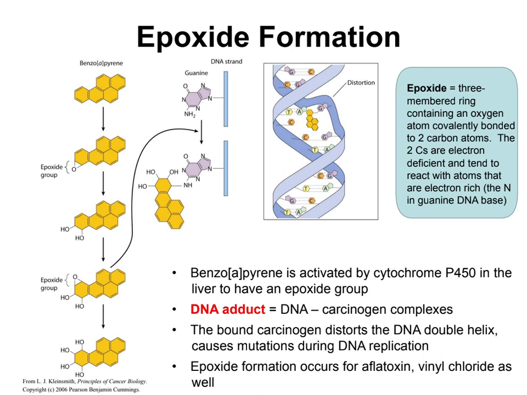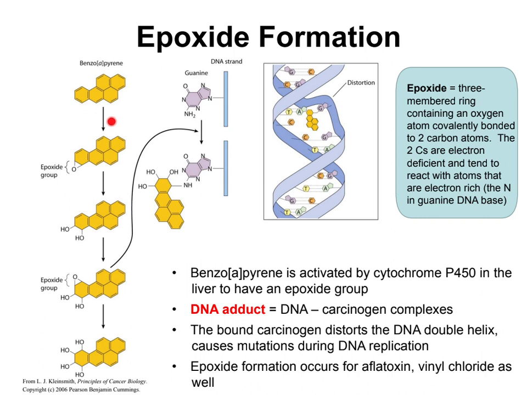In this slide, we're taking a closer look at benzo[a]pyrene, which is a known carcinogen. When this molecule enters the body, it is going to be activated by cytochrome P450. So the reactions shown here are a series of reactions that occur by cytochrome P450, and in each reaction we see that the molecule is becoming more and more water soluble.